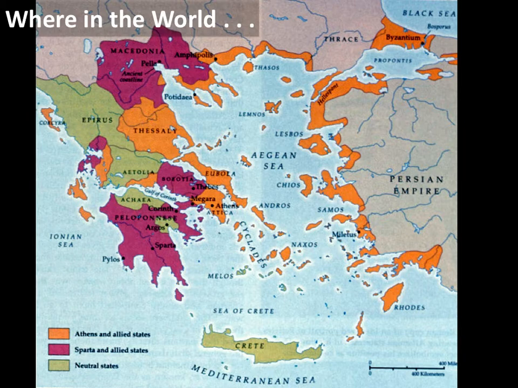That's labeled there as the brown is the Persian Empire. Okay, so everything in the colorful parts of this map is where we're talking about. And I want to point out again, there's a tremendous amount of coastline. So this is a culture centered around the sea and being on the sea.